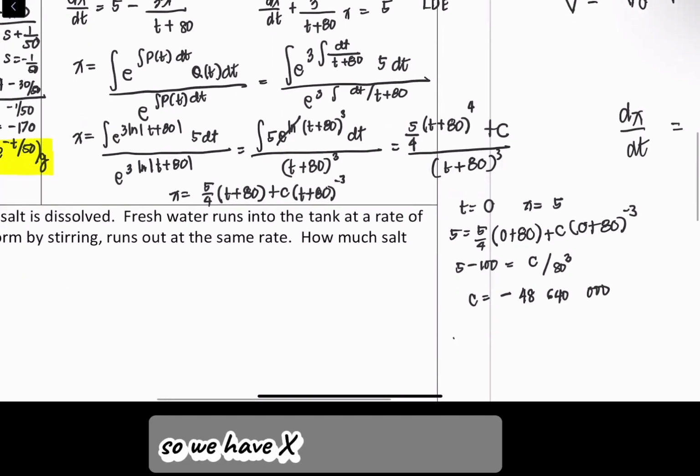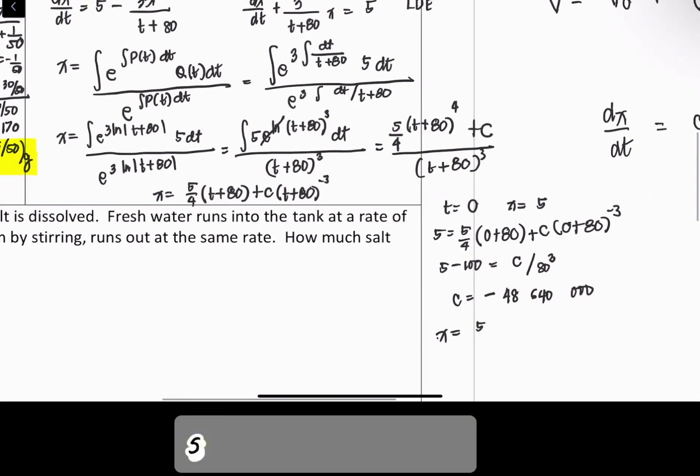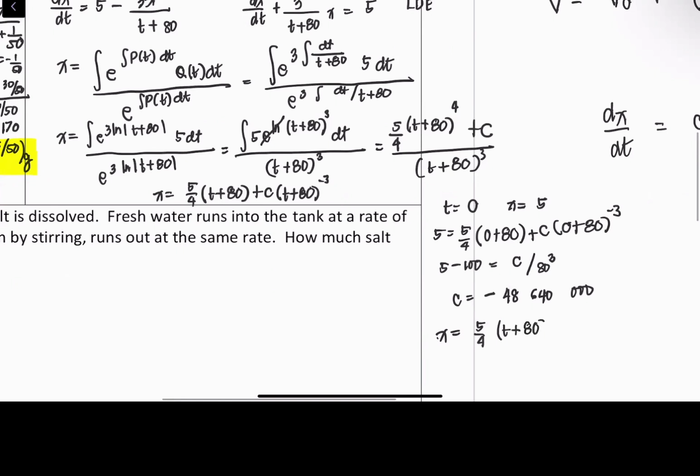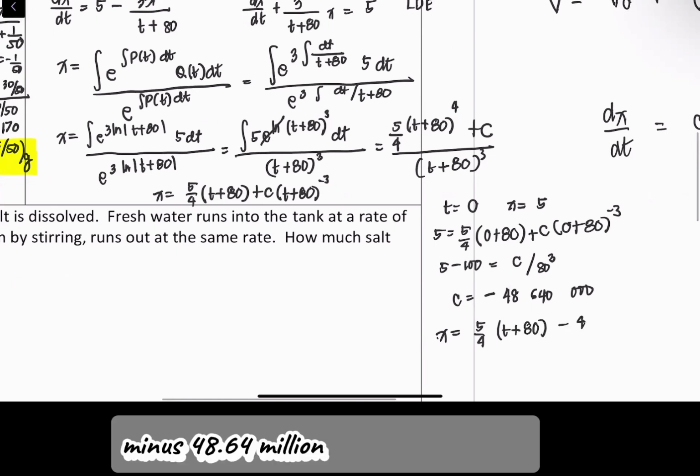So we have x now being equal to 5 over 4 times (t + 80) minus 48,640,000 all over (t + 80) cubed.